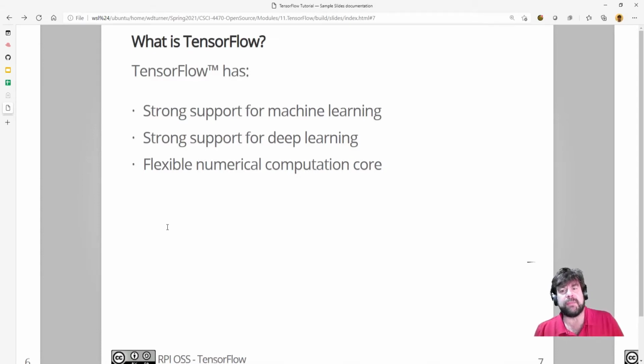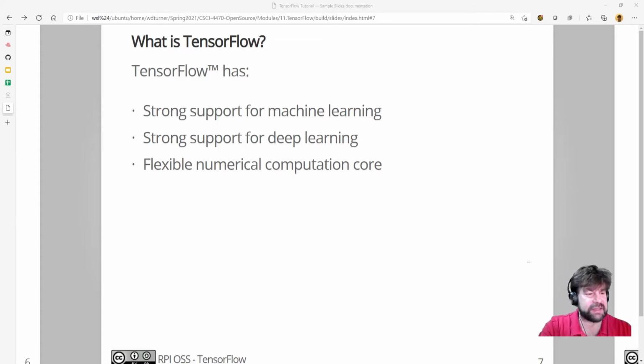TensorFlow is a numerical computation library, but it also has strong support for machine learning. What you'll find out is that along with being able to operate on tensors and do a lot of intensive mathematical computations, it also allows you to build things like neural nets and transition between them and do pre-processing, etc. And it has strong support for deep learning, and it has a flexible numerical computation core.